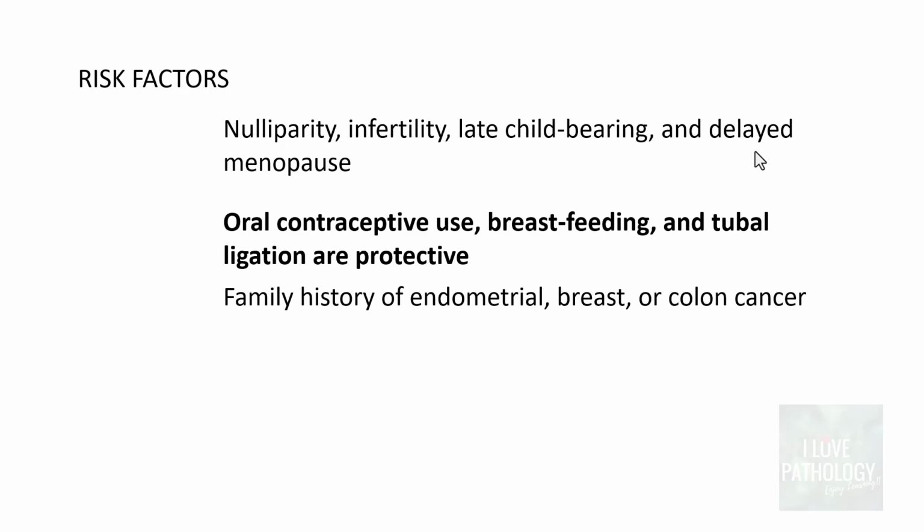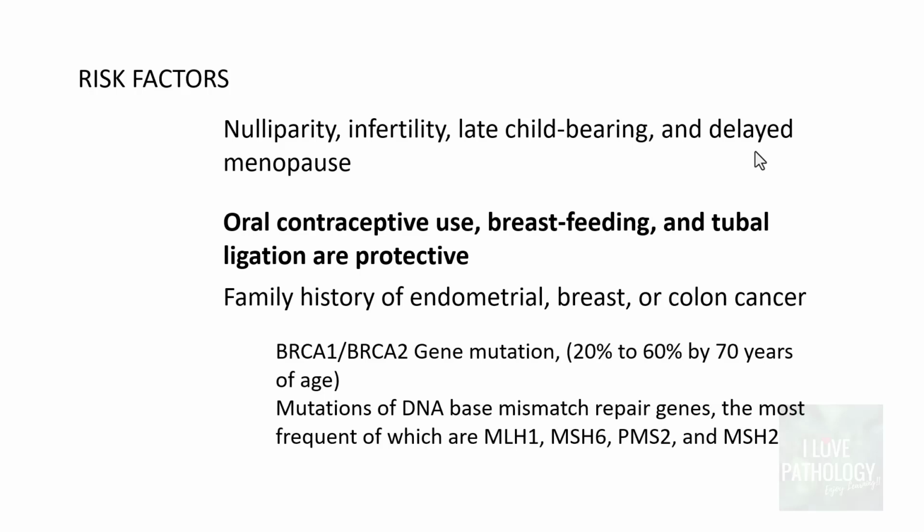Another important risk factor is if you have a family history of endometrial, breast, or colon cancer, then there is a possibility that ovarian cancers can occur because they might harbor mutations in the form of BRCA1 mutation or BRCA2 mutation. If anybody has these mutations, the possibility of occurrence of ovarian carcinomas is around 20 to 60% by the time the patient attains 70 years of age.